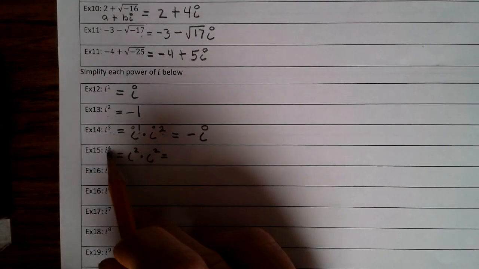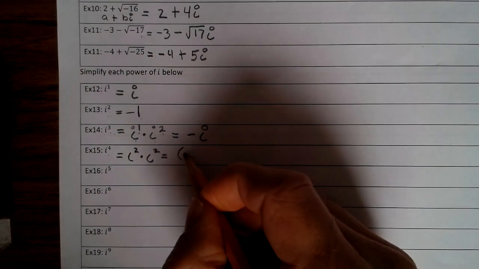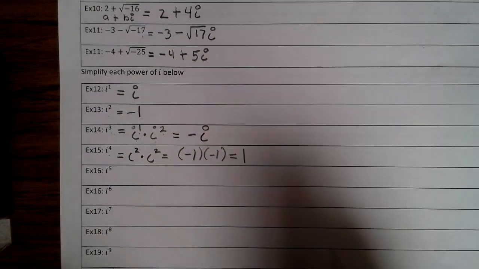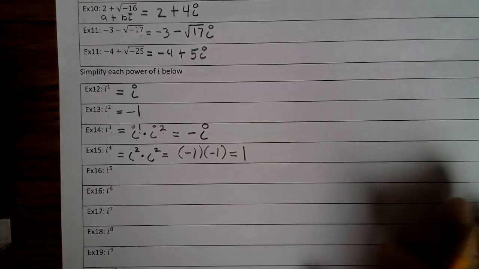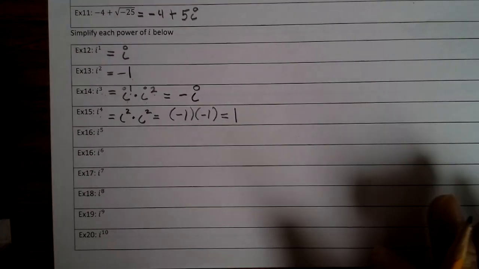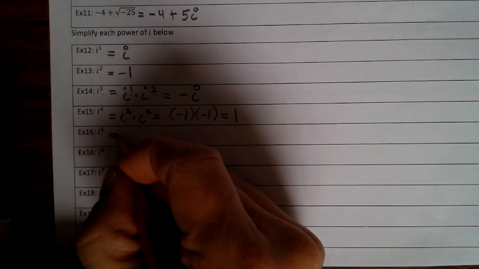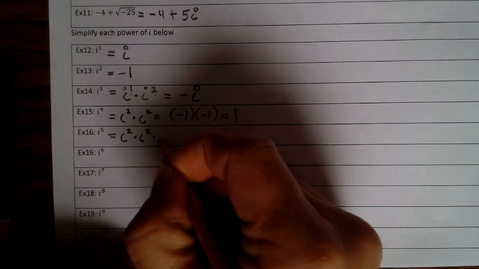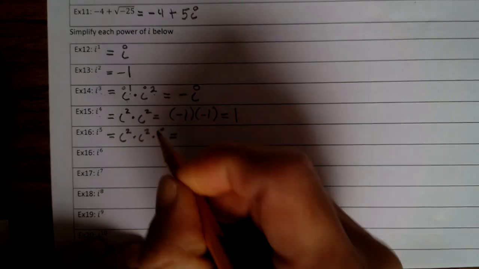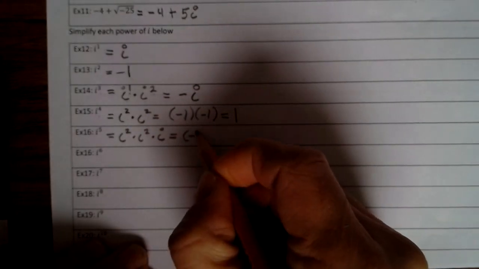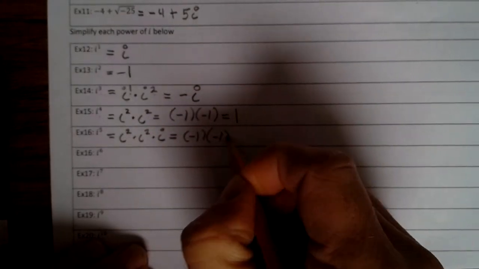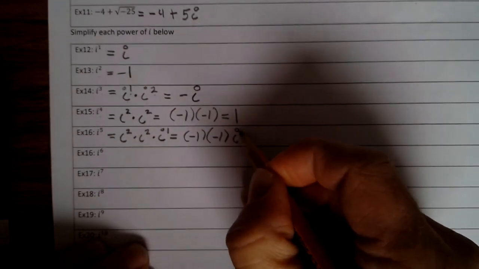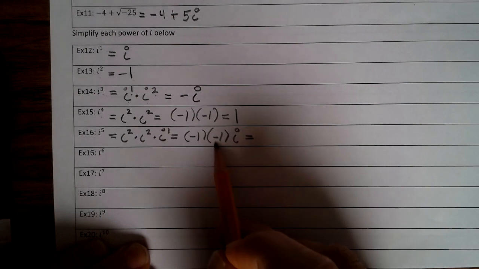So we know that that's -1 times -1, which is a +1. Now, i to the fifth power can be written as i squared times i squared times i. So i squared is -1, i squared is -1, and i to the first power is just i. So a negative times a negative is positive, times i is just 1i.